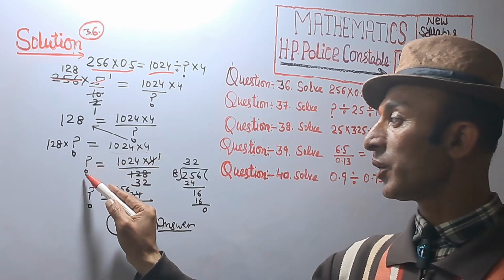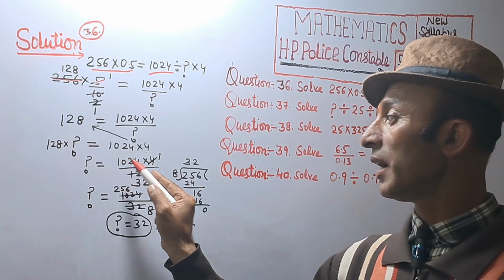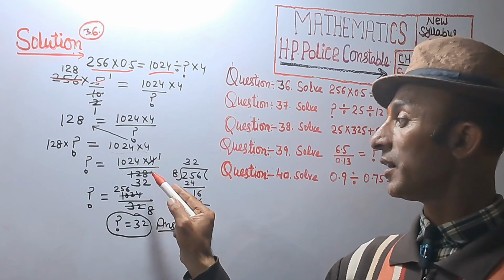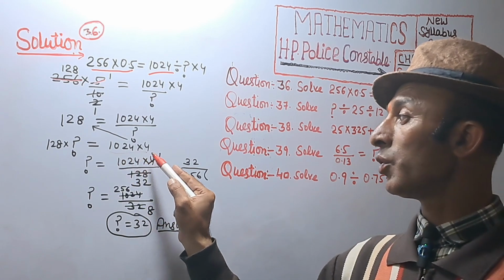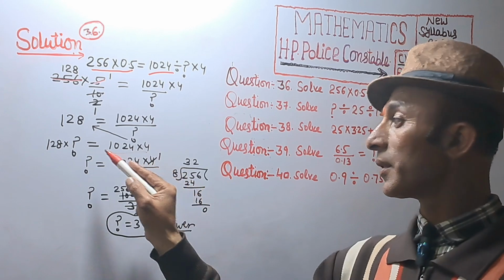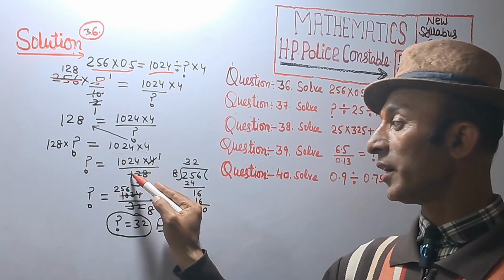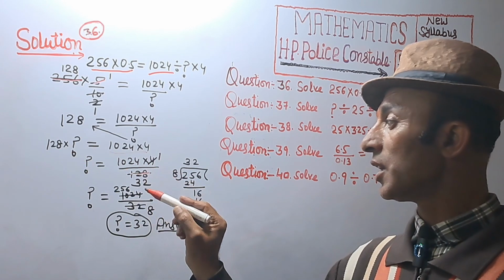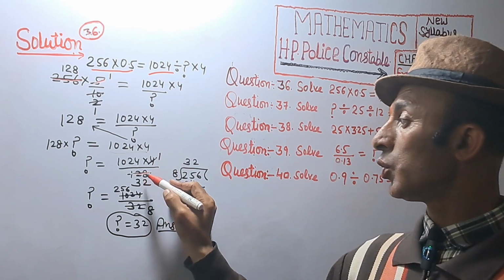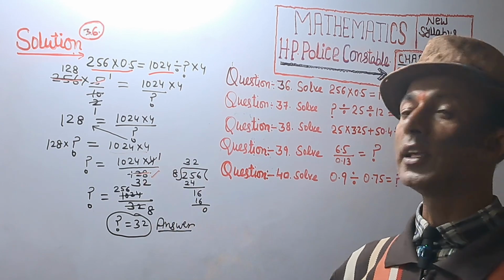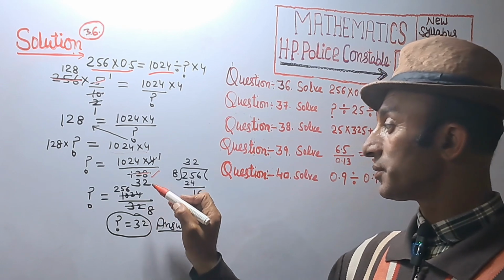And sign of interrogation, this will be multiplied and right hand side will be divided, divides 128. So 1024 into 4 and divided by 128, which is divisible by 4 ones are 4 and 32 fours are 128.